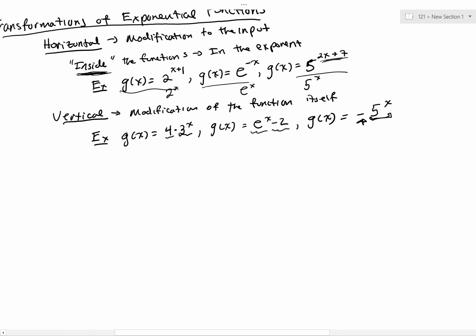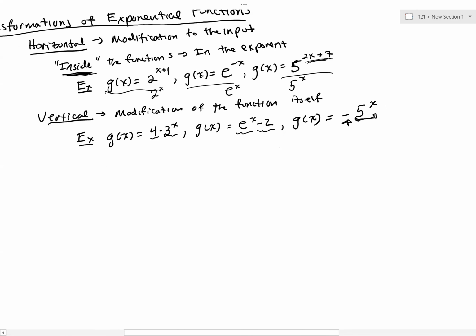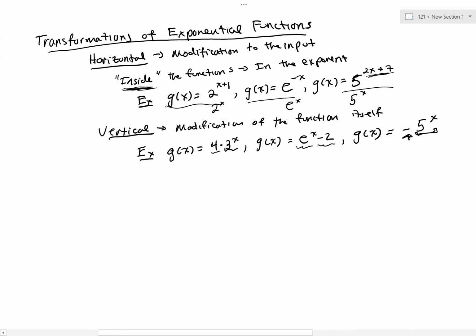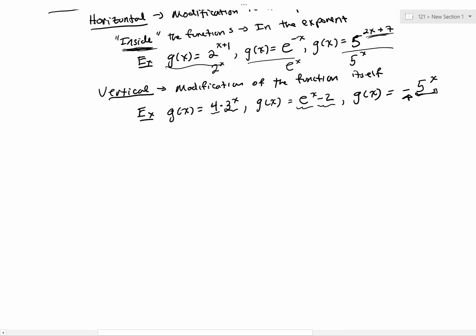So let's step through them, and just a quick review before we get to the examples on the handout. Let's look at the list and order of transformations. Nothing's changed from before. We're still being consistent.